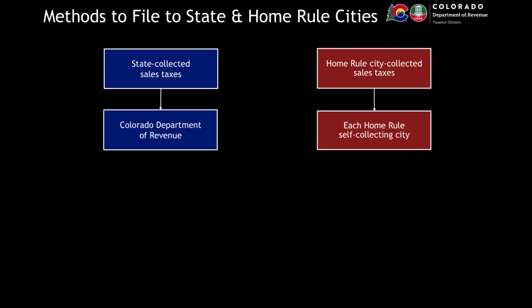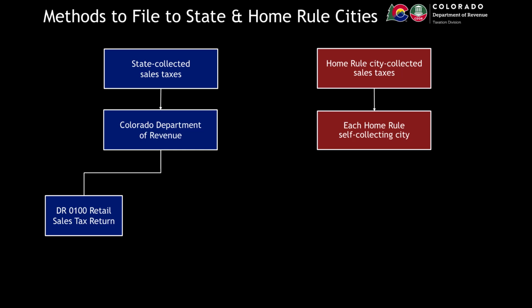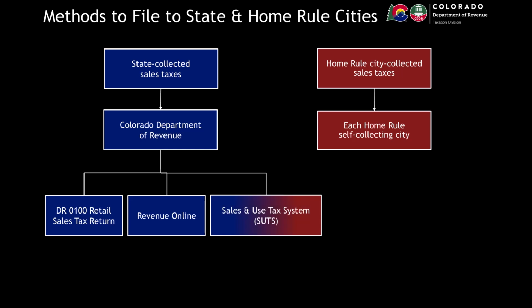State-collected sales taxes can be filed and paid using one of the following methods: by filing a paper DR 0100 retail sales tax return with payment by mail, through Revenue Online, or through the SUTS filing platform.